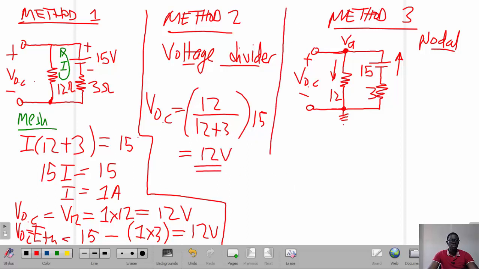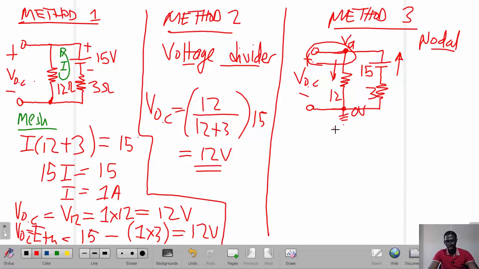That is method 2. Then method 3, you could use nodal analysis, where you say this node is a reference node, so this is 0 volts, and then we have only one terminal A, which I've labeled as VA, meaning this whole terminal is one node. From this node, we've got a current entering and a current leaving into ground.